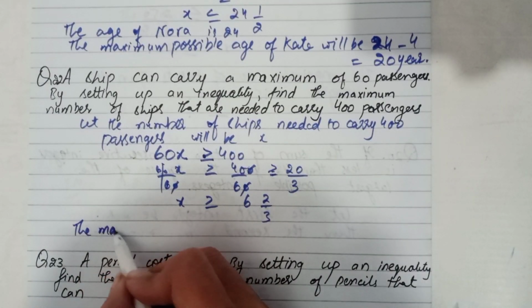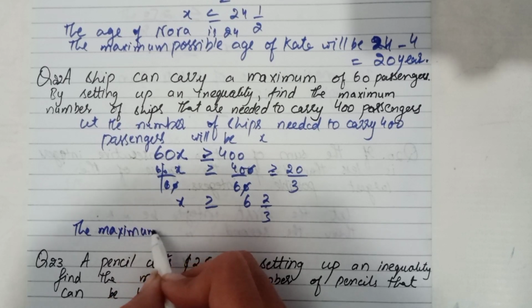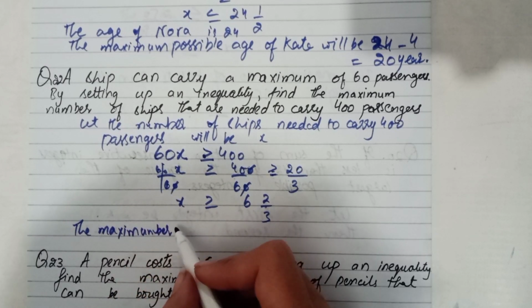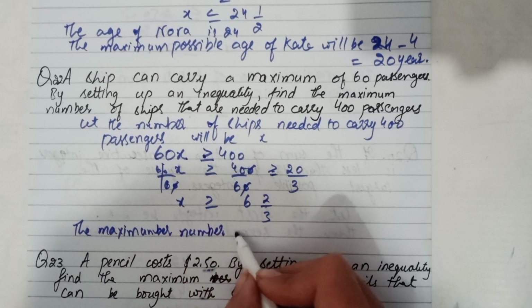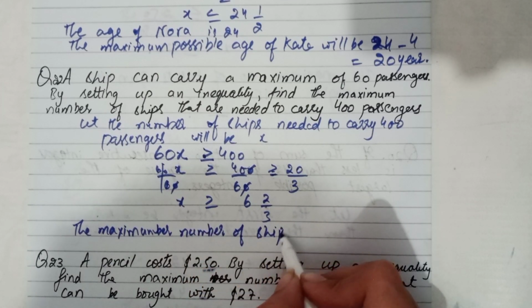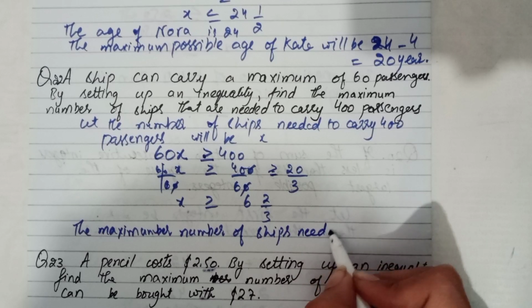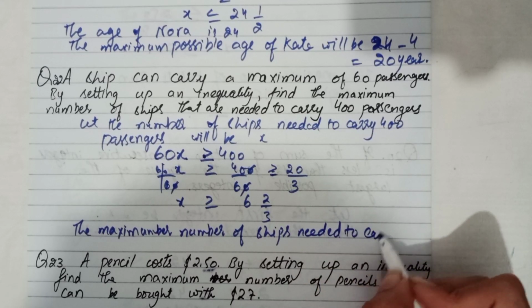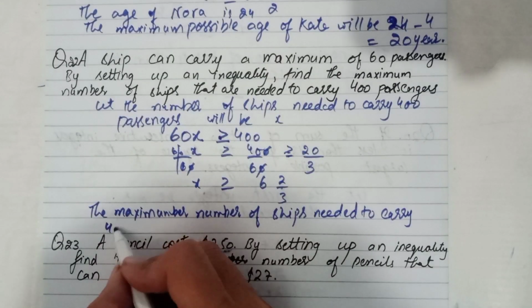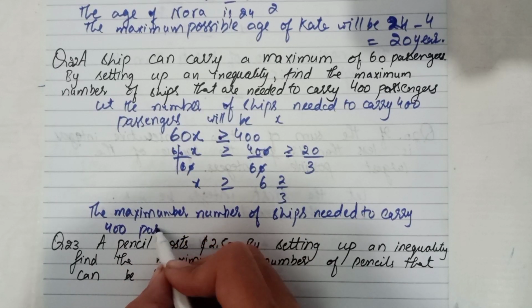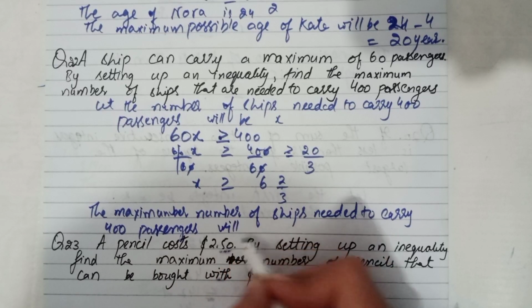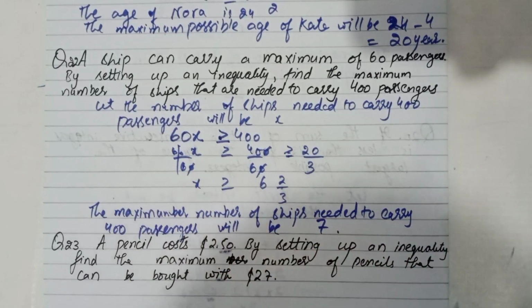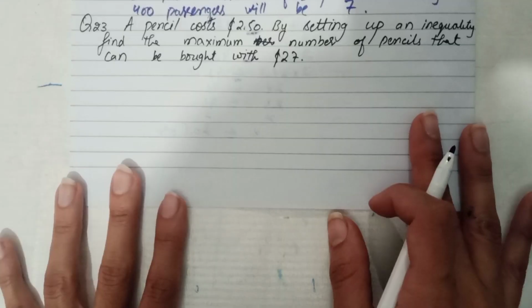The maximum number of ships needed to carry 400 passengers will be 7. Now students, this is the answer of question number 22.